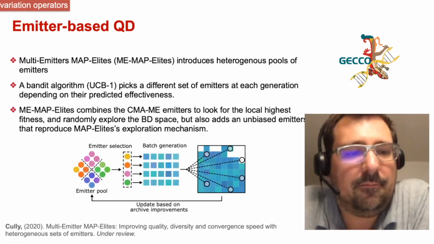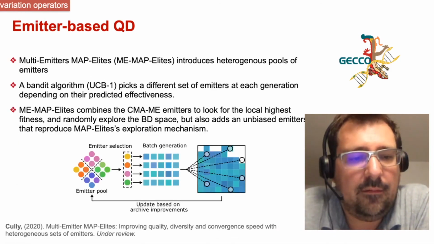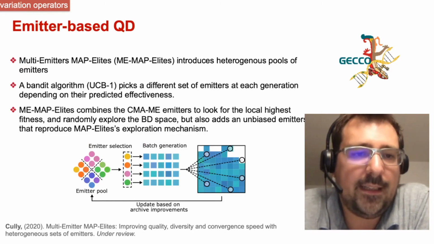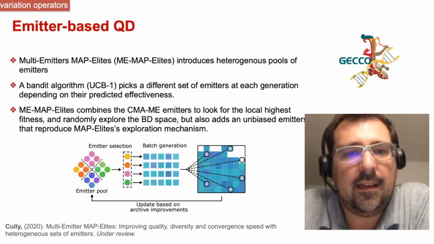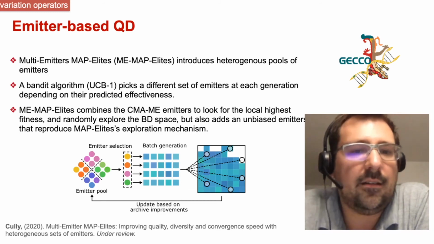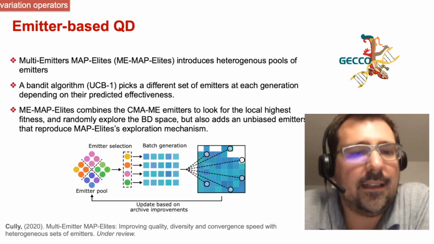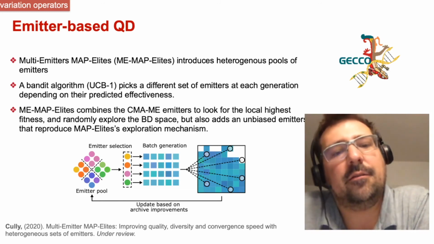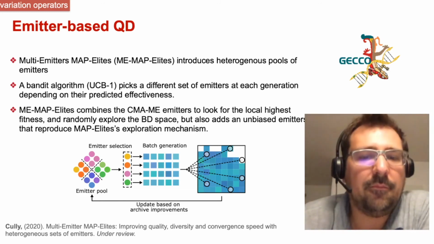This was recently improved by Antoine Cully with a paper called Multi-Emitter Map Edits, in which he uses a bandit algorithm like UCB1 to pick a different set of emitters at every generation depending on their effectiveness. So you can alternate between doing more exploration in the behavior space and doing more improvements.